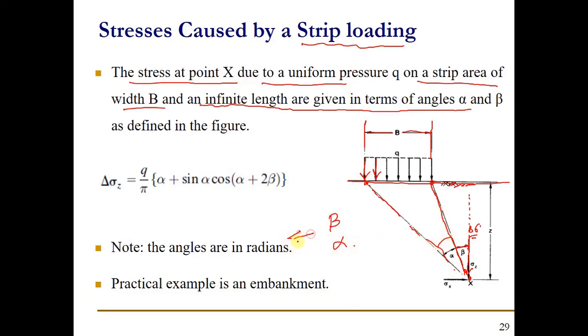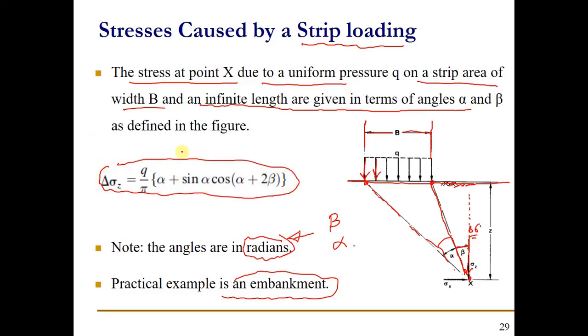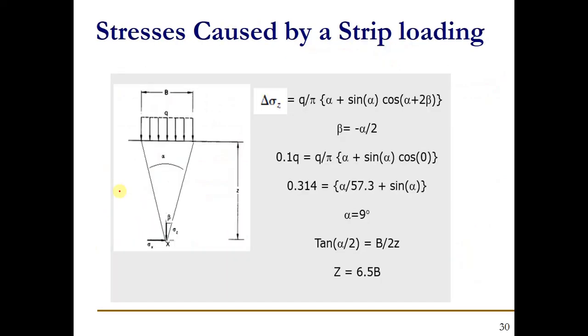And please note down that those alpha and beta values are in radians. So this is the equation which you can note down to find out the stress increase, where you need the uniform pressure, that Q value, and alpha and beta values in radians. That's it. You can find out the delta sigma.